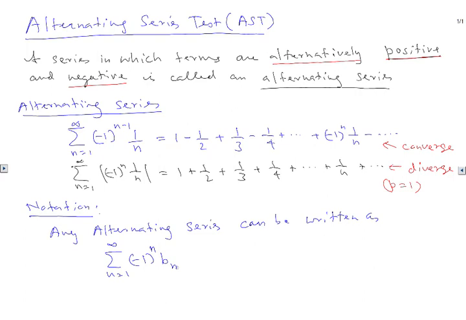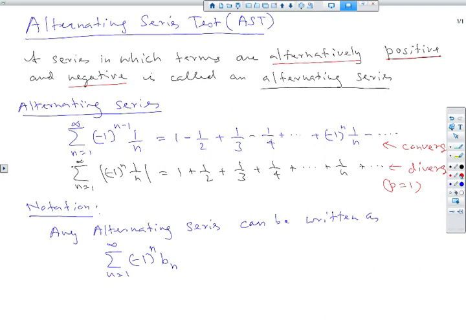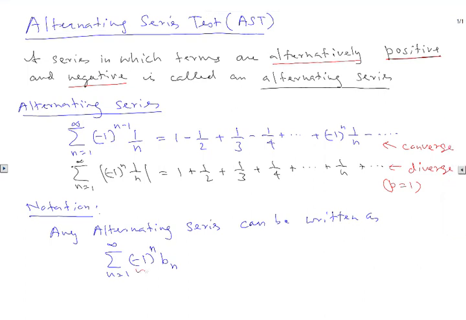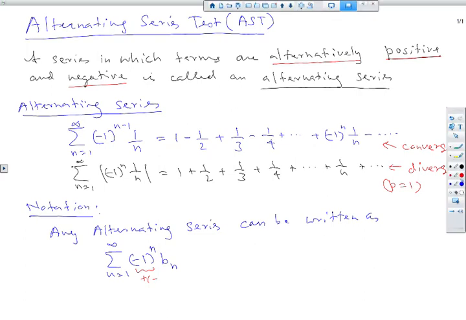The first part takes care of the sign, and b_n is the number. For example, in the previous example, b_n equals 1 over n.